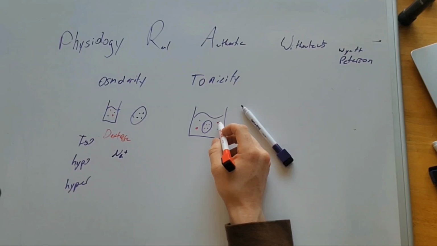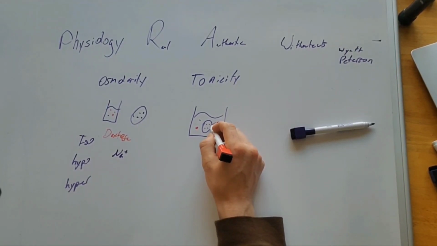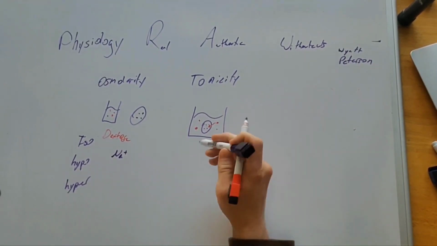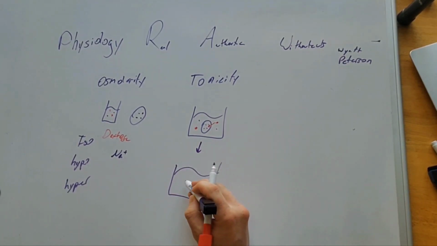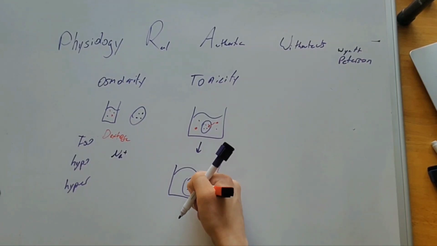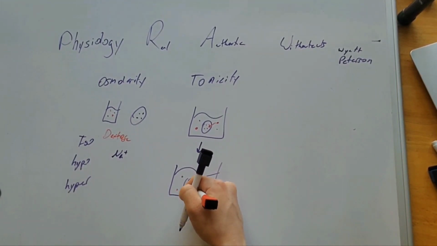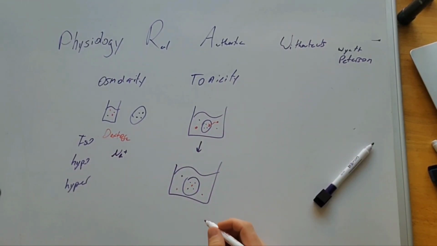So now, because there's a higher concentration of glucose, or dextrose, outside of the cell, some of it is going to come inside of the cell. So that will turn this into something that looks like this. Now it has red on the inside, red on the outside, because dextrose is permeable to the cell.